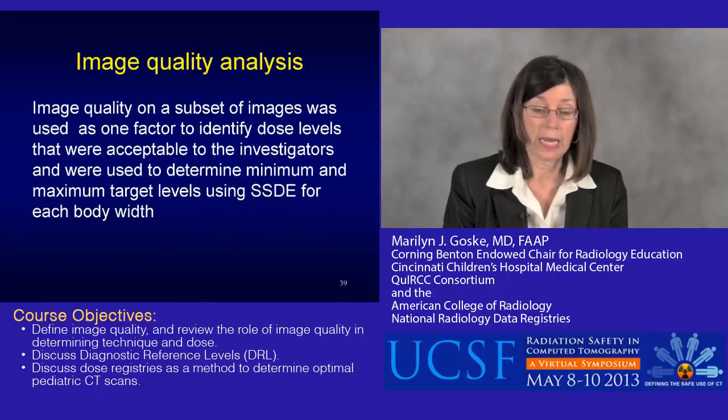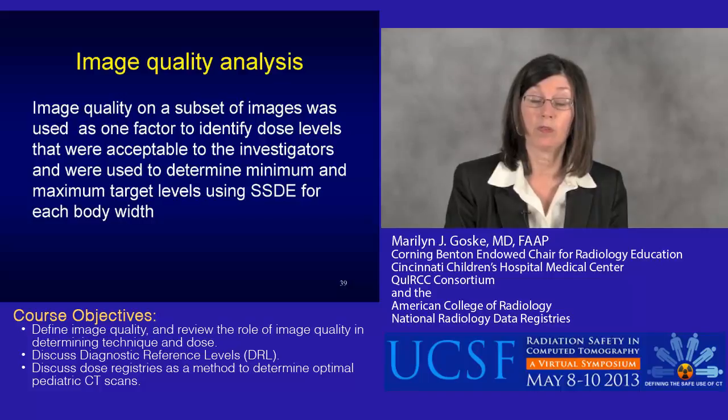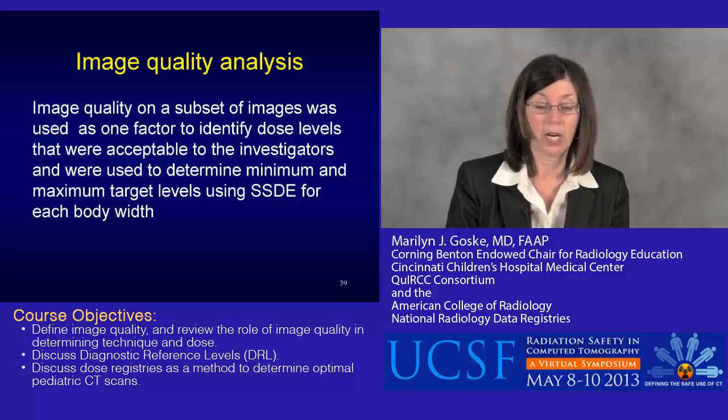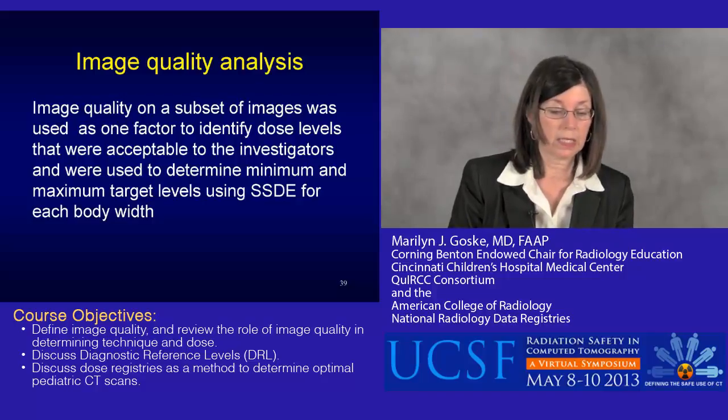The image quality analysis we talk about on our next slide was performed on a subset of images and used as one factor to identify dose levels that were acceptable to the investigators and were used to determine a minimum and maximum target level using SSDE for each body width.